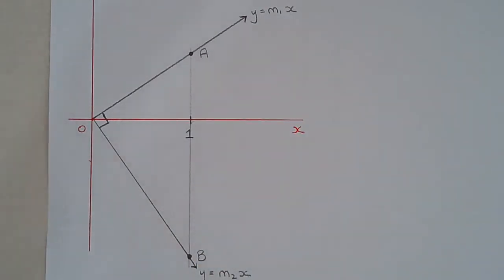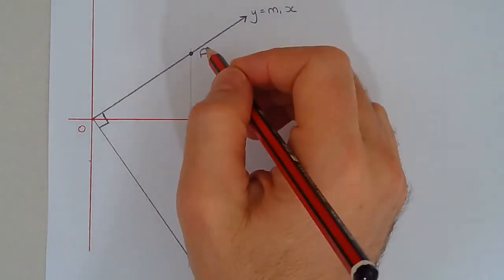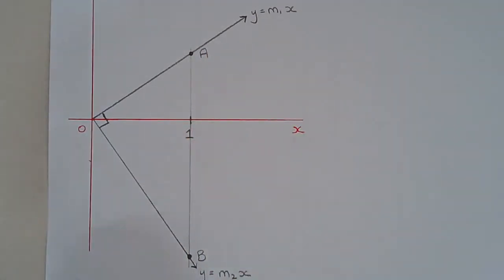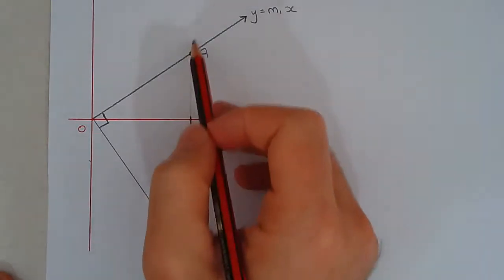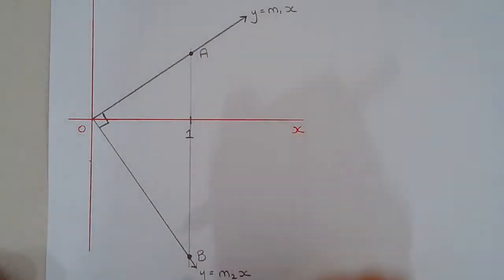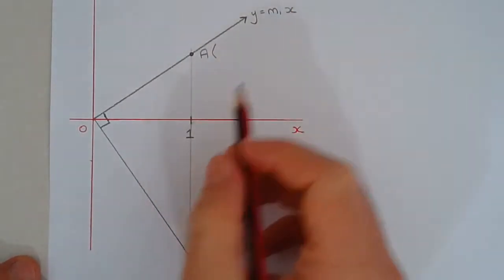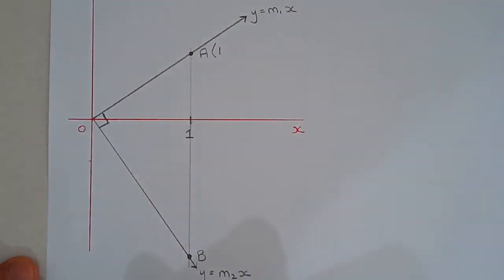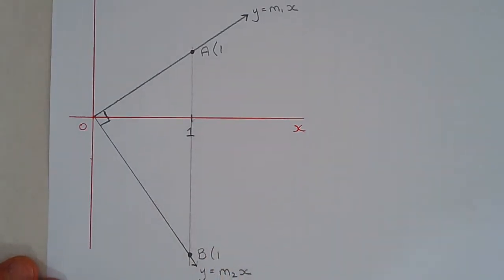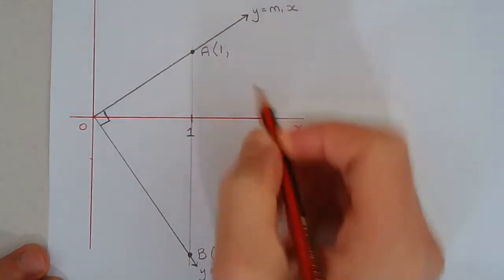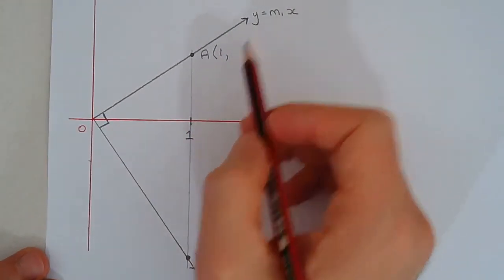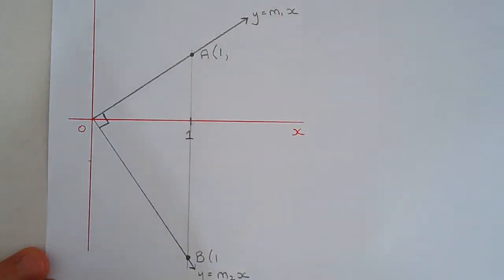The next thing we need is the coordinates of point A and point B. Notice that this vertical interval AB crosses the x-axis at x equals 1. That means the x-coordinate of A will be 1, and the x-coordinate of B will also be 1. But what about the y-coordinates? We get the y-coordinate by substituting the x-coordinate into the equation of the line.